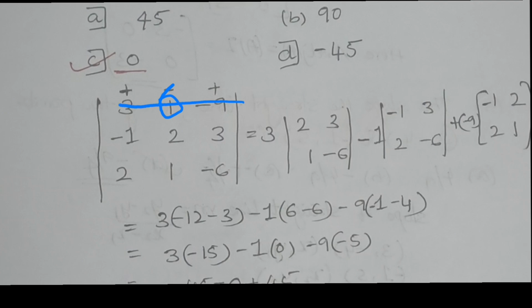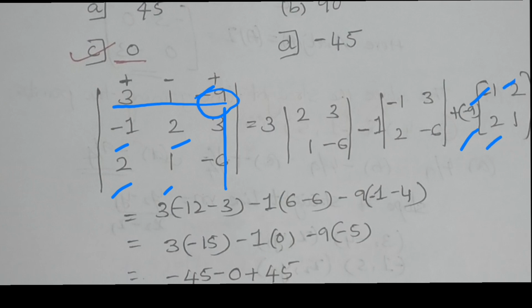Eliminate its row and this column. So minus 1, 2, 3, 2, minus 6, 1, 3, 2, 6 as it is. Same way, minus 9. Eliminate this row and this column. So minus 9, minus 1, 2, 2, 1. Same way, minus 1, 2, 2, 2, 1.